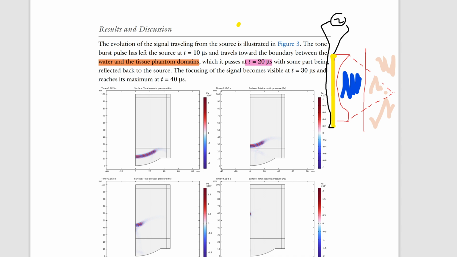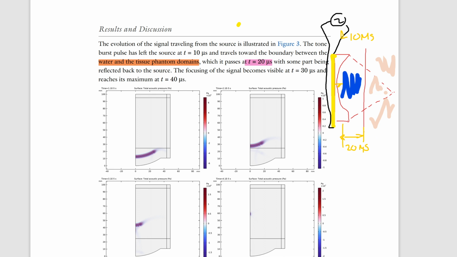And the time it takes for the electric pixies to travel through this and get emitted is 10 microseconds. And then it passes this domain right here, water, skin, at time equal to 20 microseconds. And some part being reflected back to the source.